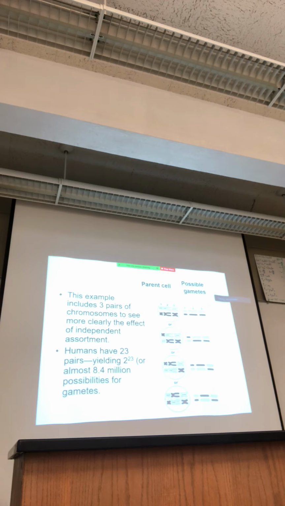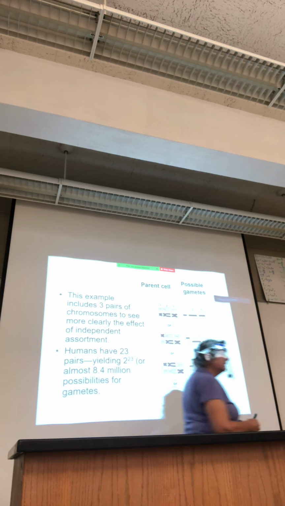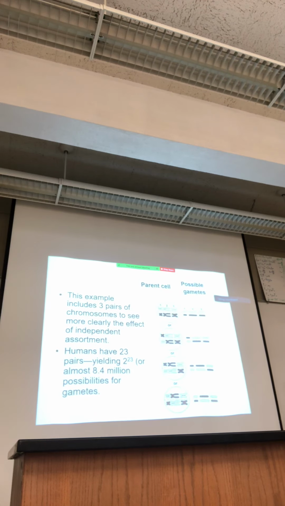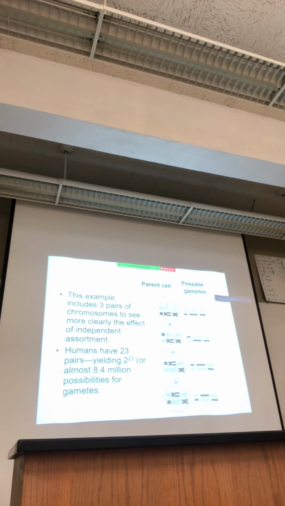Well, it turns out that the formula for how many different gametes you can get is 2 to the n power, where n equals the number of pairs of chromosomes. Okay?